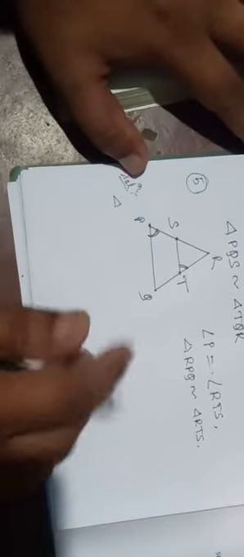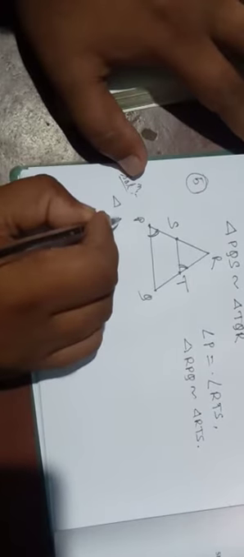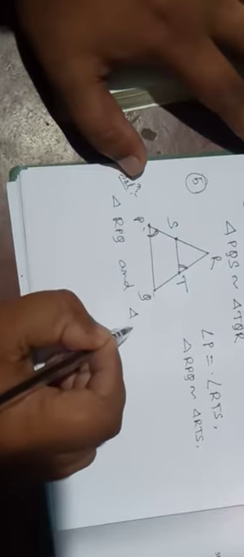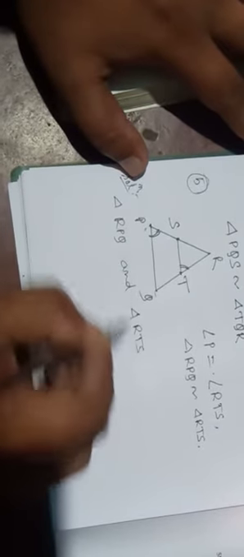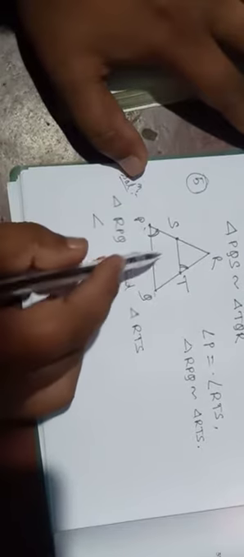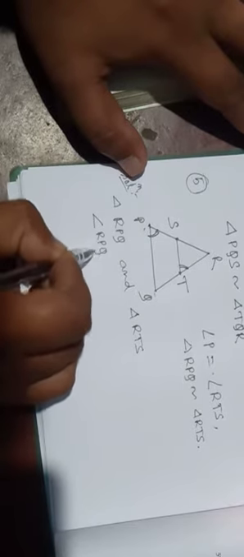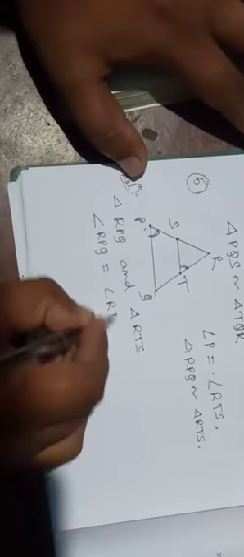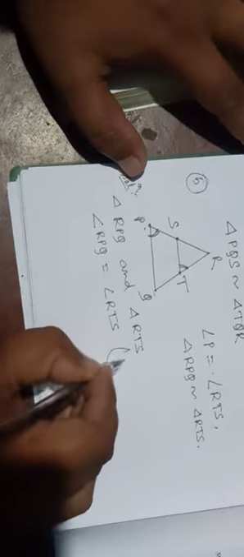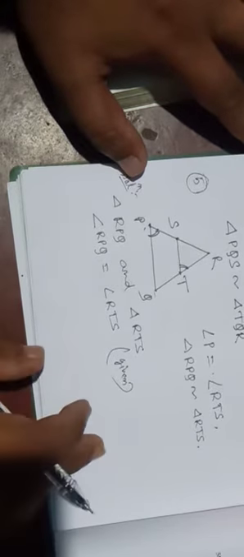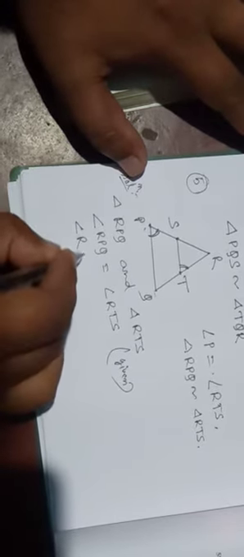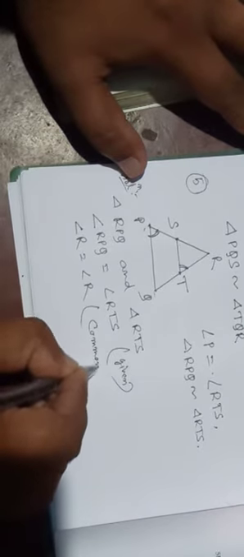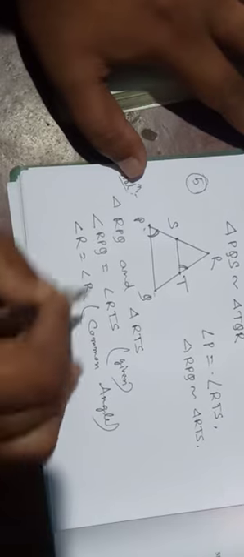Considering the triangle RPQ and triangle RTS, angle RPQ is equal to angle RTS. It is given to us, and angle R is equal to angle R, the common angle.